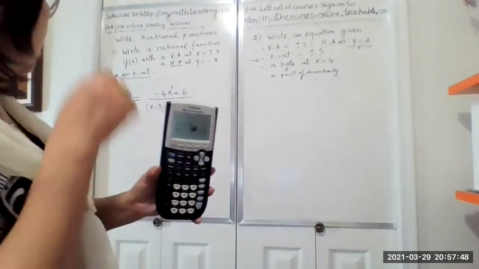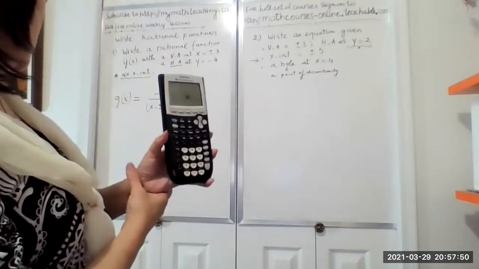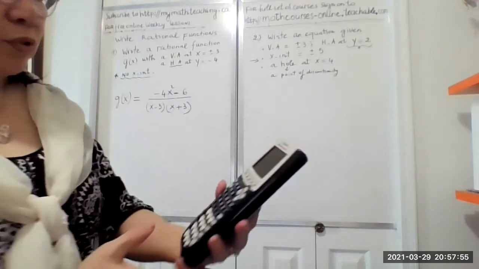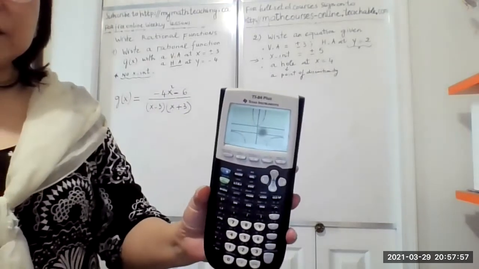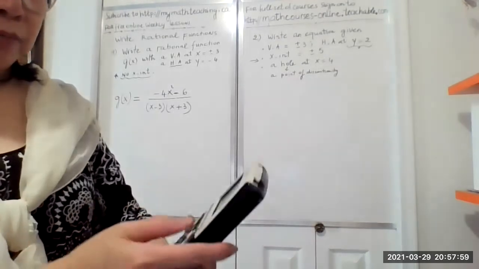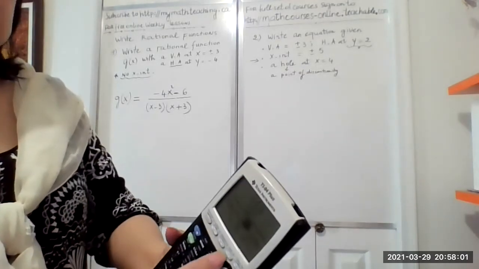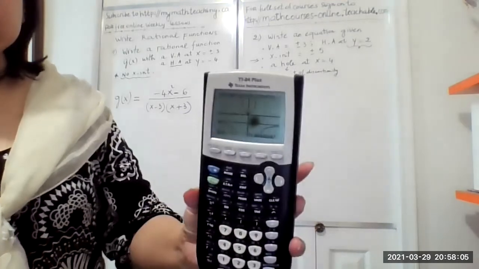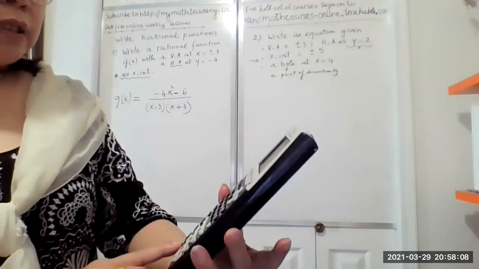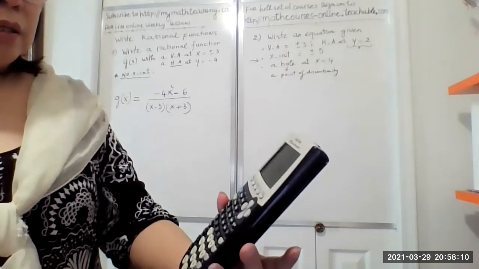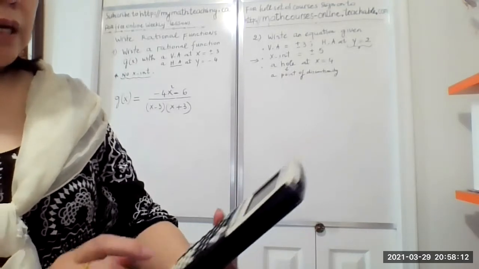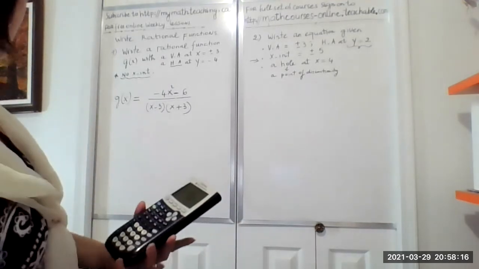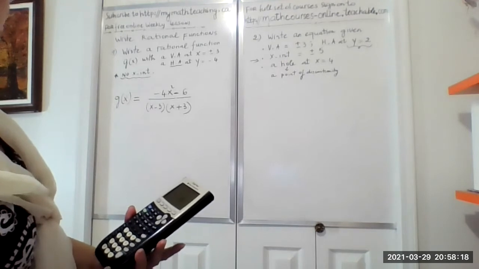Now, what else do we need to check? We have no x-intercept, so let's key in x equals 0 and see what happens. To do that, you have to hit trace on your calculator. You hit this button, trace, and now you enter x equals 0. And you enter. No x-intercept.